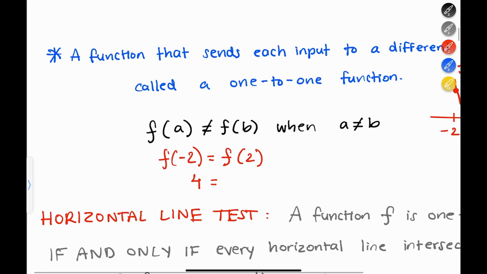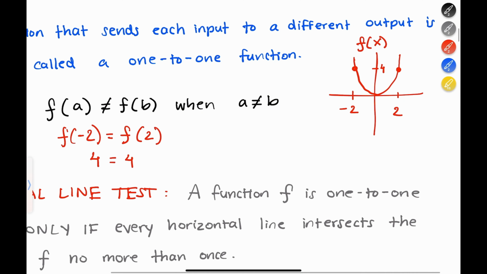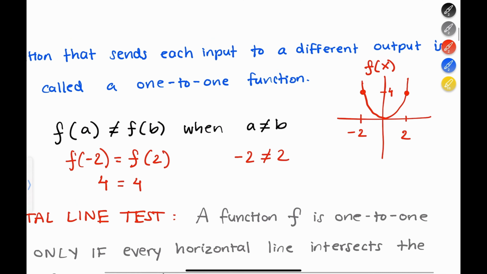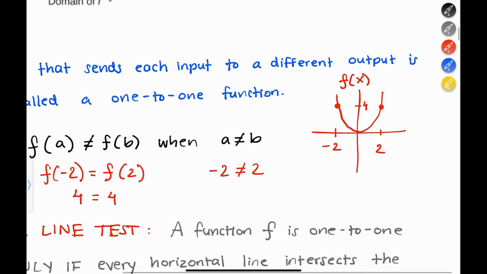This is both equal to 4, and the inputs are actually different. -2 is not equal to 2. So this is proof that this parabola, x squared, is not a one-to-one function.